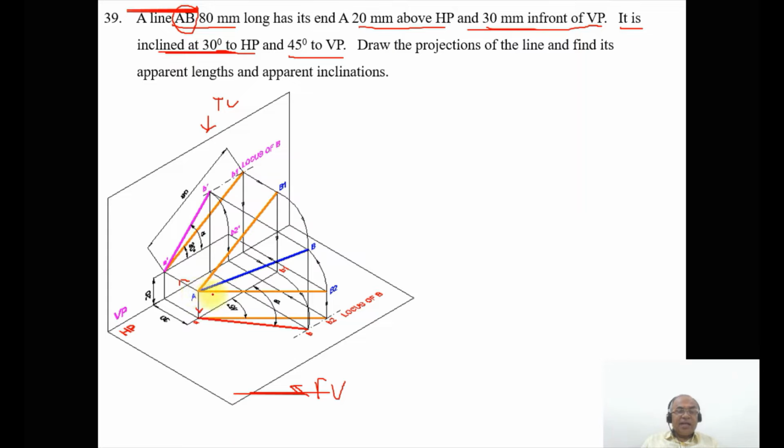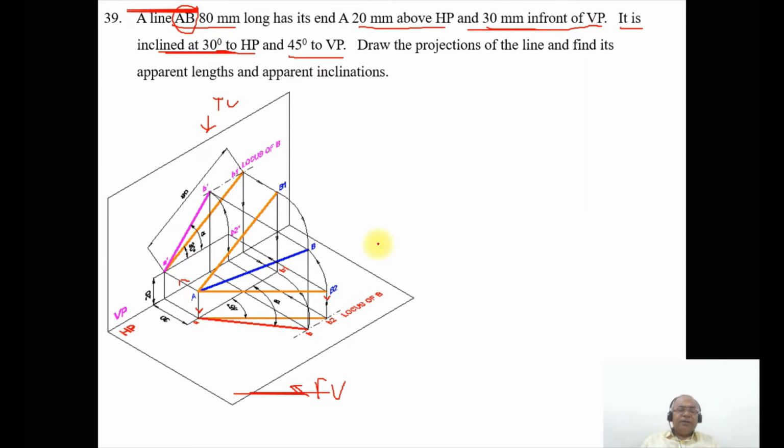You can see that the line is inclined at 45 degrees to VP. That is capital AB2, the length of the line. When you project it down, it will be small ab2, which is the true length of the line.